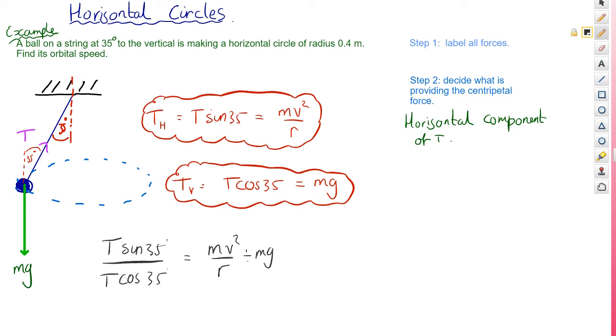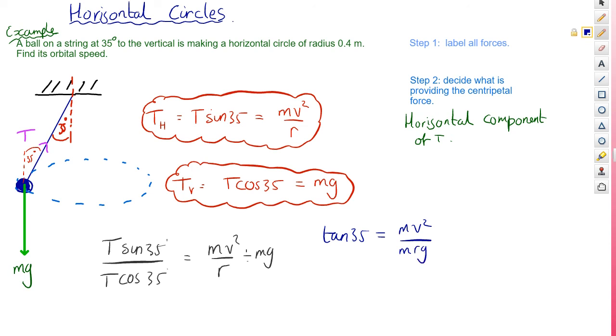And of course the Ts cancel, and sine theta over cosine theta is tan theta, so it's looking good. So we can write down that tan 35 equals mv squared over mrg.